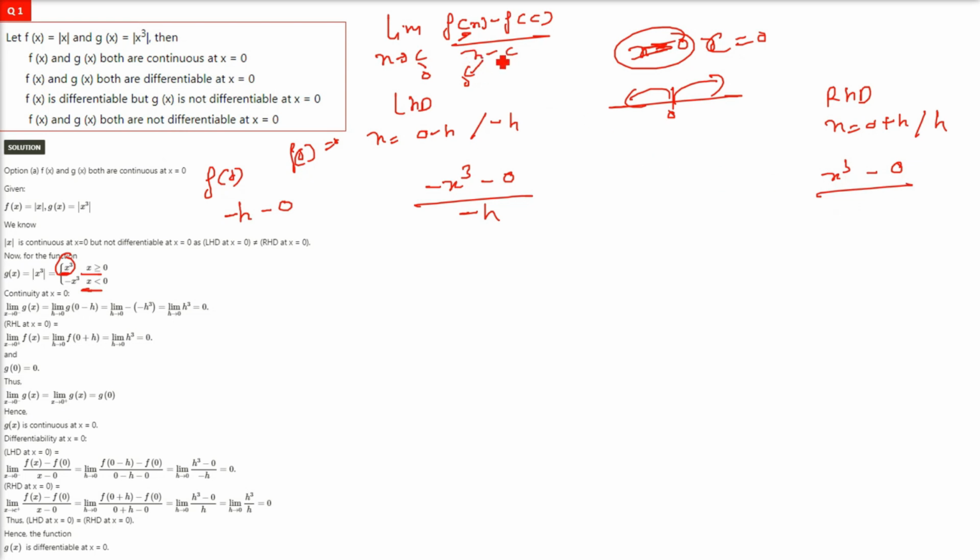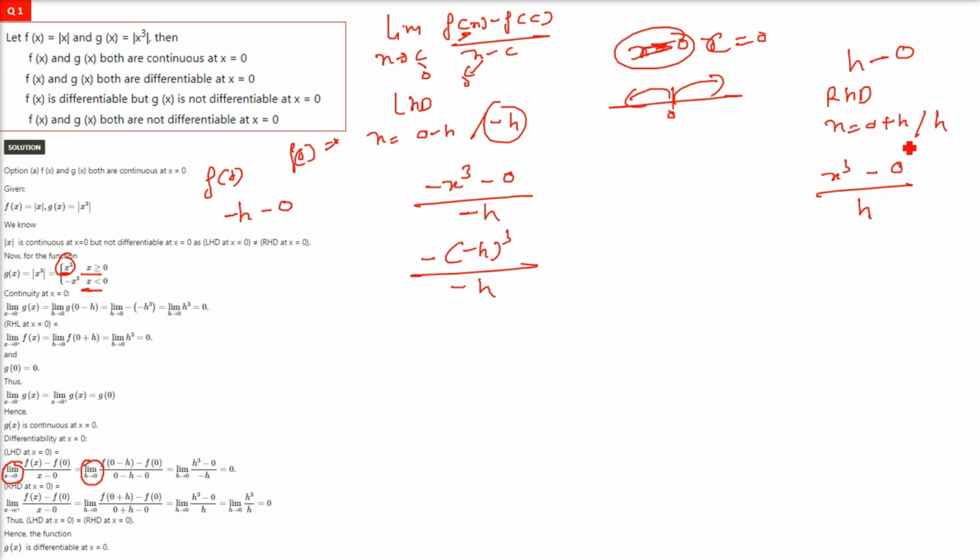In place of x minus c, you replace x by h, c is 0, so it will be h in the denominator. So this is limit x tends to 0 minus, and the right one is limit x tends to 0 plus. But now we'll change the limit to h tends to 0. We'll replace x by minus h on the left and by h on the right. So this is what you have to write everywhere.